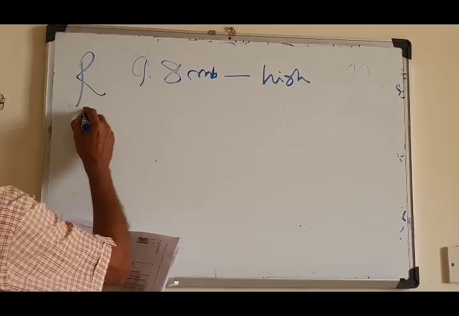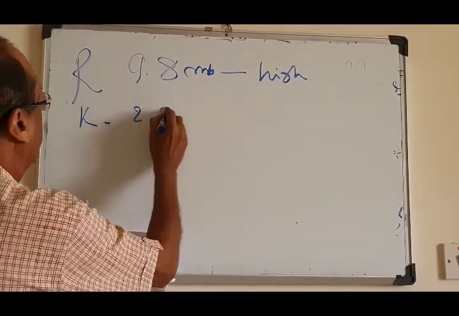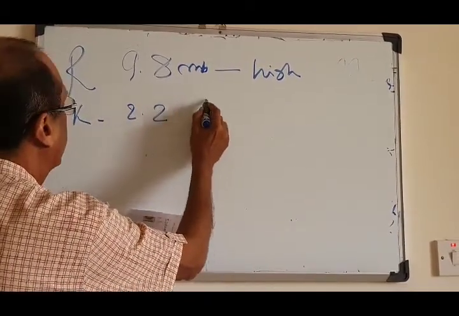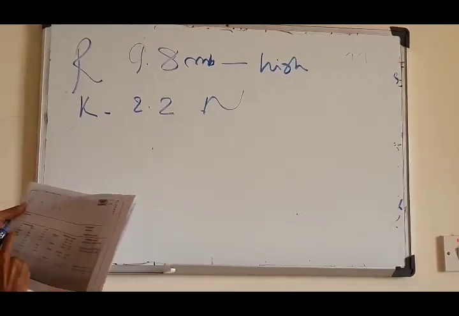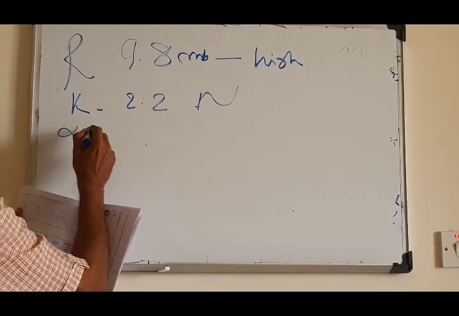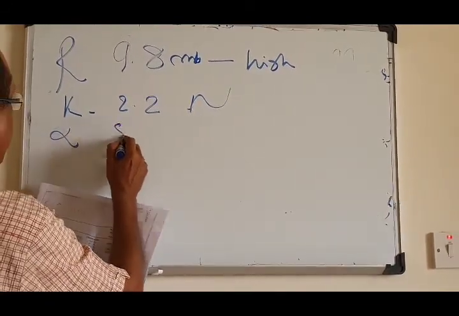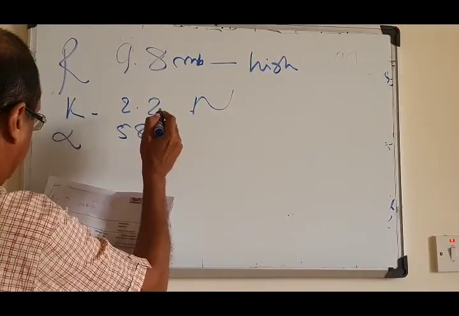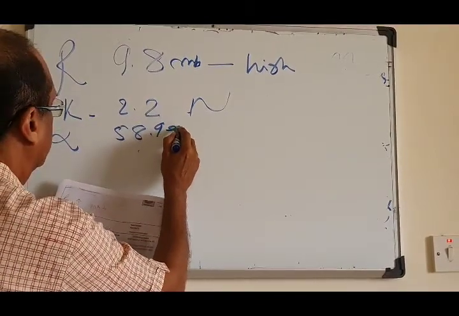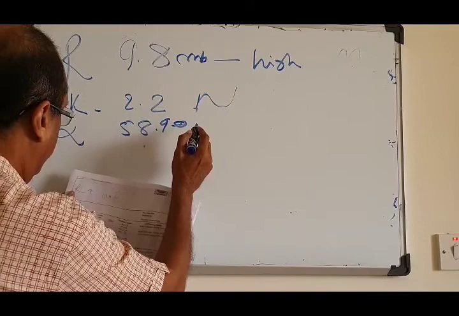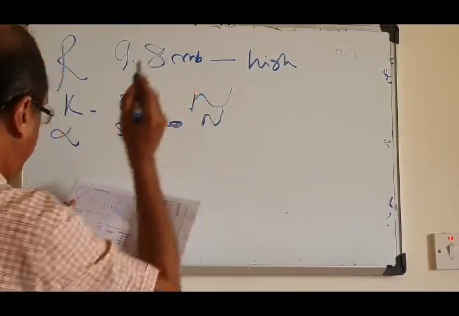And the next one, they have given kinetic time 2.2 minutes, but it's in the normal range. Now alpha angle also they have mentioned, 58.9 degrees, but that's also normal, within the normal range.